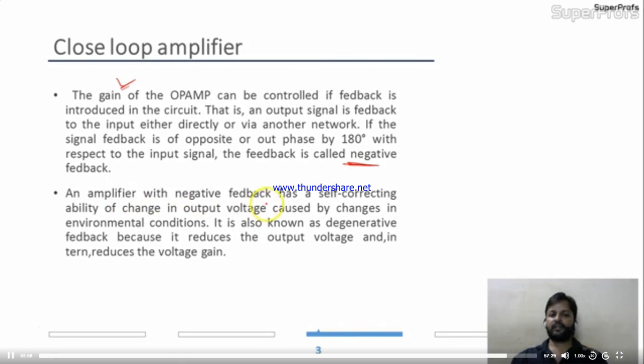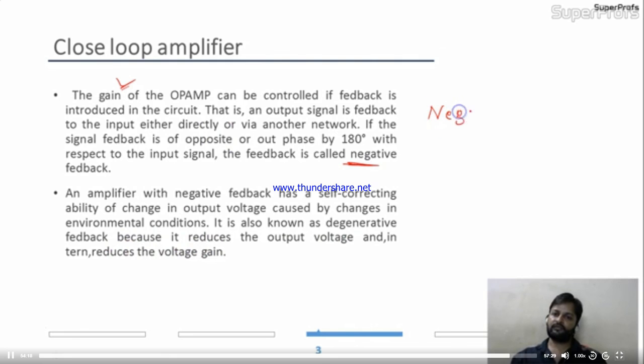An amplifier with negative feedback has a self-correcting ability for changes in output voltage caused by changes in environmental conditions. It is also known as the degenerative feedback because it reduces the output voltage and in turn reduces the voltage gain.